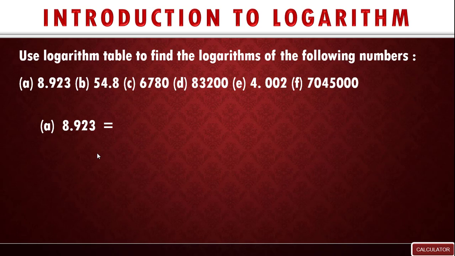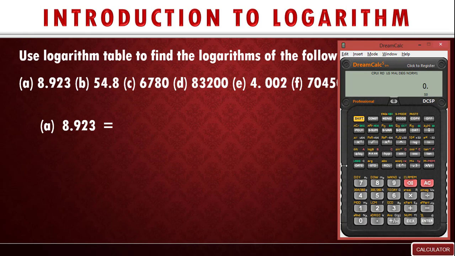First, look at the number and ask yourself this simple question: is this number less than 1 or greater than 1? Since we have 8.923, this number is greater than 1. In such a scenario, we can use our calculator to determine the logarithm directly. So let's try to do that. Put on your calculator.